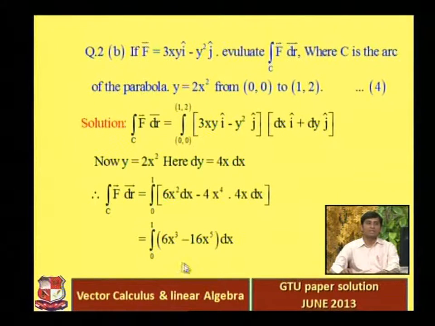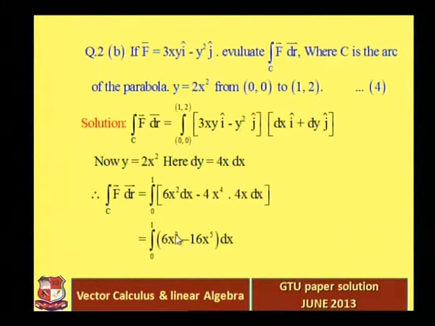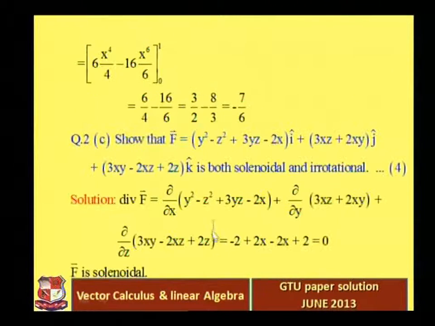That will become the integration of 6x cube minus 16x raised to 5 dx. Okay, so now just simply integrate: the integration of x cube is x raised to 4 by 4, and the integration of x raised to 5 is x raised to 6 by 6. We have 6 into x raised to 4 by 4 minus 16 x raised to 6 upon 6, from 0 to 1.